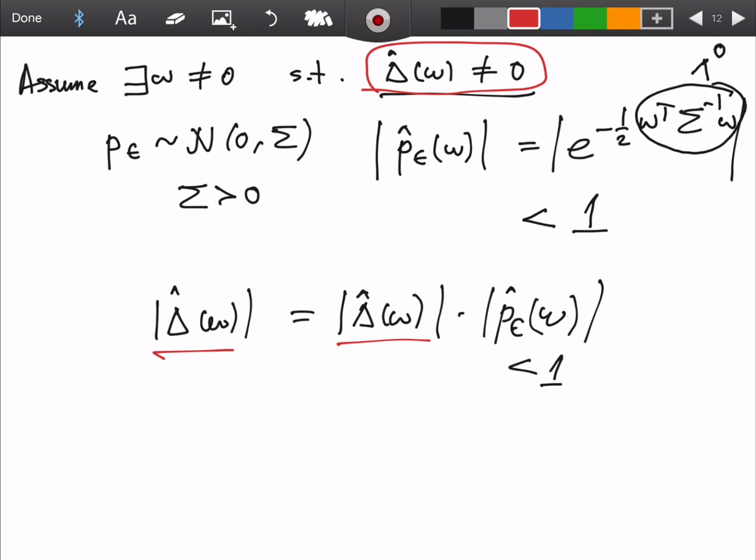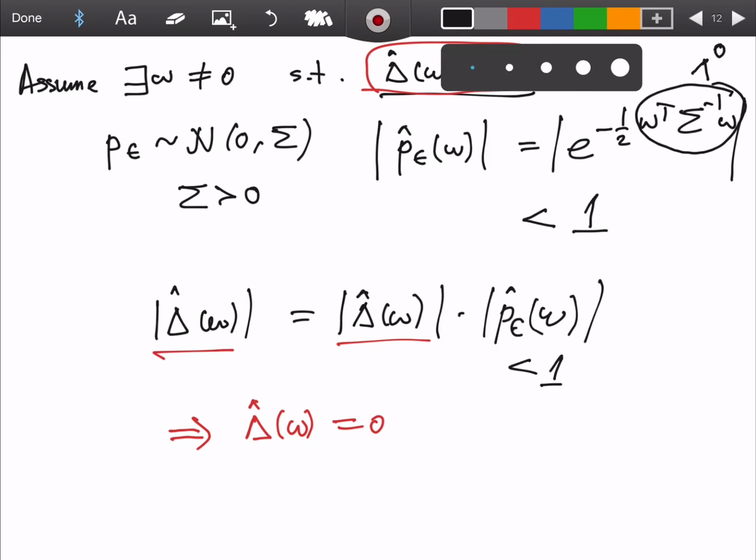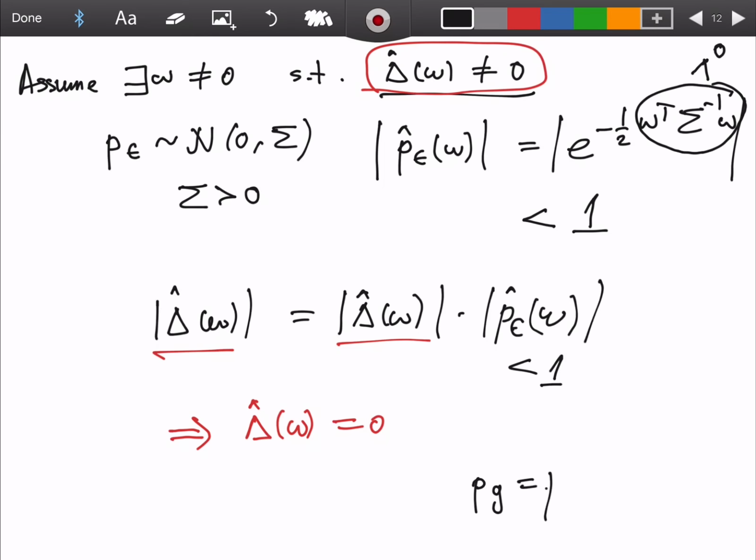So of course this cannot be true. This is a contradiction. From here we deduce that delta hat at this point omega must be equal to 0, and since we fixed an arbitrary omega, this is true for every omega. So essentially we proved that p_G equals p_D.